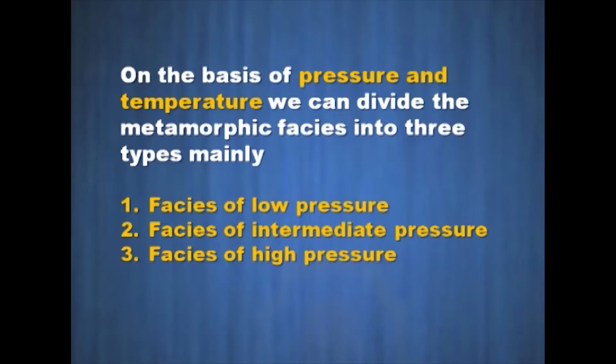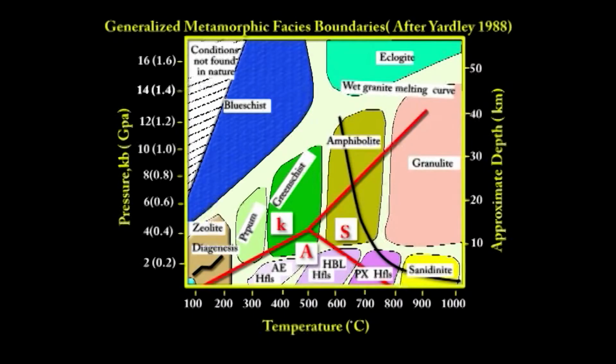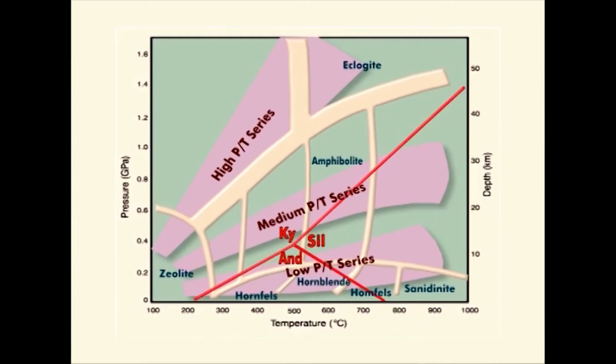Introduction. On the basis of pressure and temperature, we can divide the metamorphic phases into 3 types, mainly phases of low pressure, phases of intermediate pressure and phases of high pressure. Miyashiro originally recognized 3 different phase series. First, a zeolite, prehnite, pumpellyite, blueschist, eclogite type.